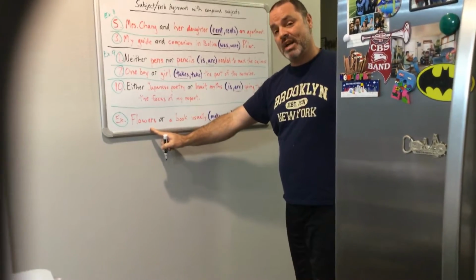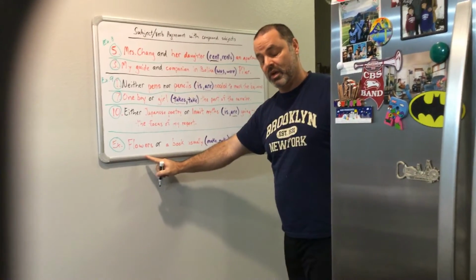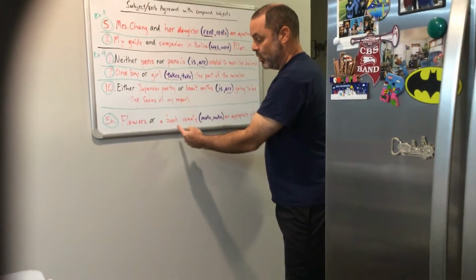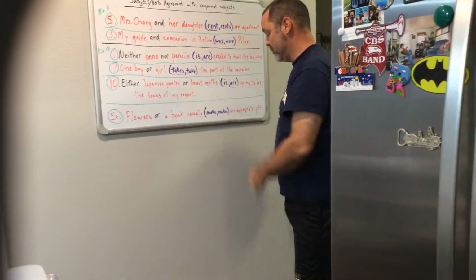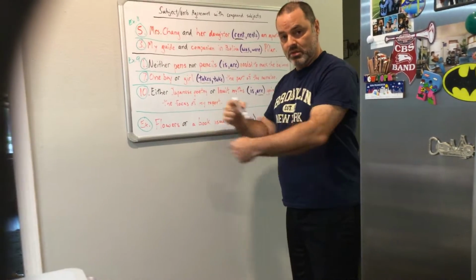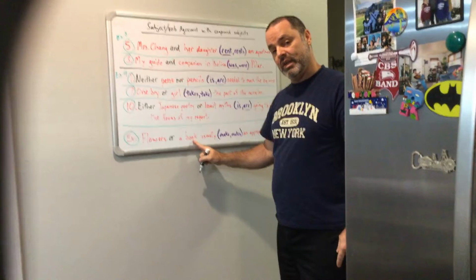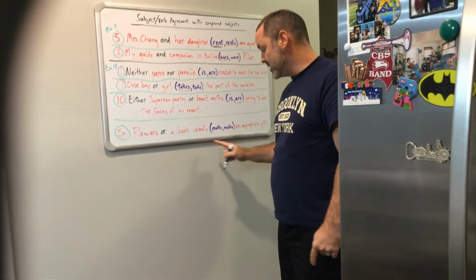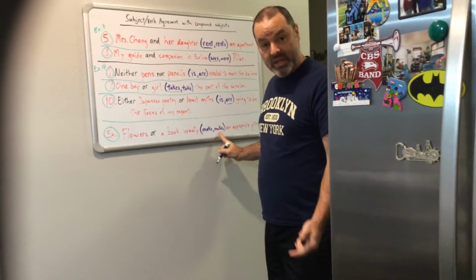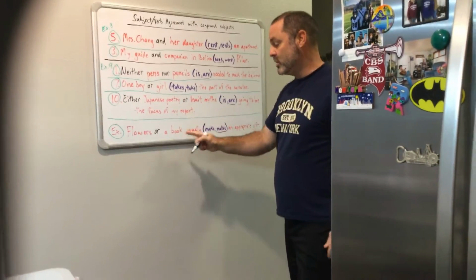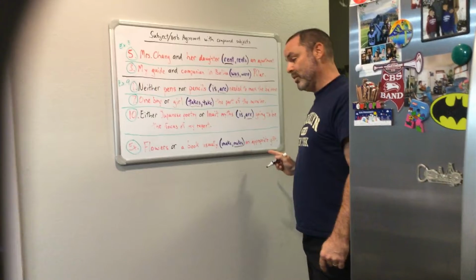This is the example from the notes: Flowers or a book usually makes an appropriate gift. What I did was switch the order here. So now the plural comes first, and then I have the singular. The singular is closer to the verb, so I would need the singular verb, which again with action verbs has the S. Flowers or a book usually makes an appropriate gift.